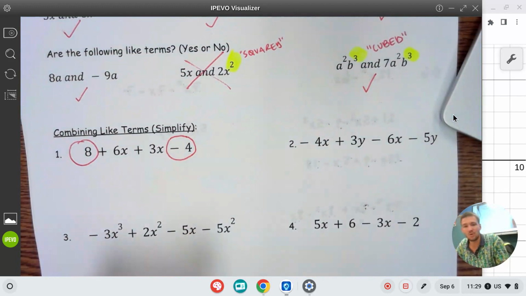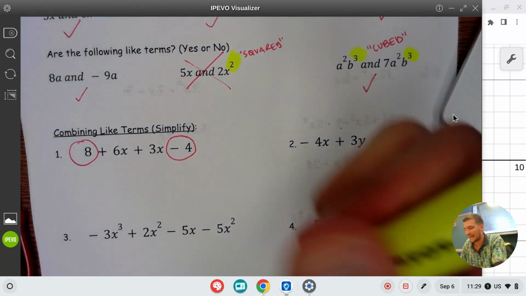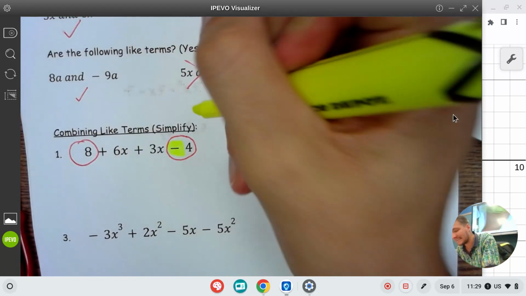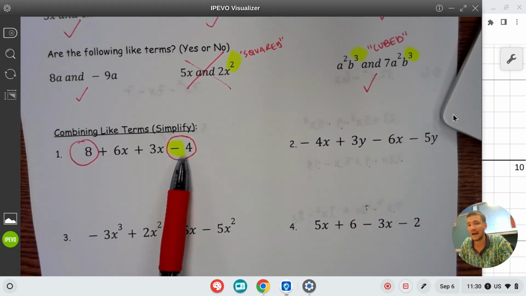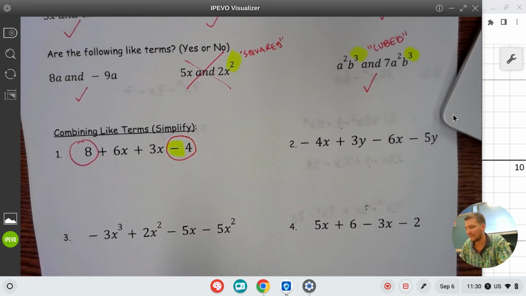I kind of already warned you guys before, but these negative signs are the difference of a whole letter grade. Like, if you really feel like you understand this enough to get a C, and you miss every negative sign, you're going to get a D. Like, that's just kind of how it goes. So take these negatives seriously. If you got a highlighter, you can highlight them. These two things are matches. That looks good. Let's just figure out the rest of our matches.